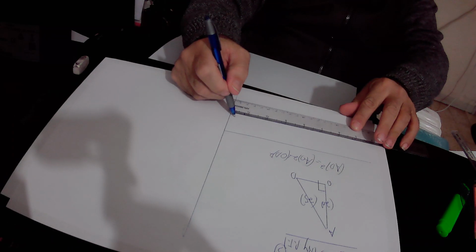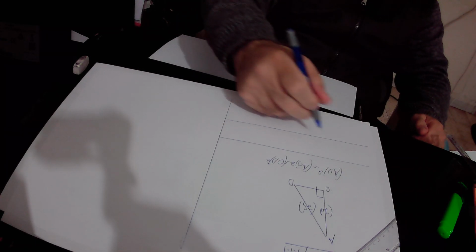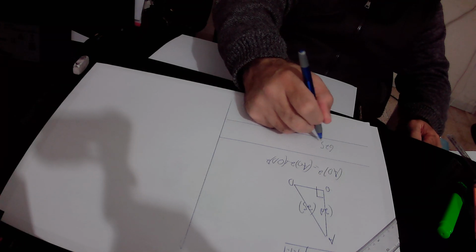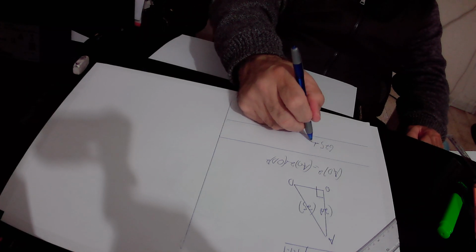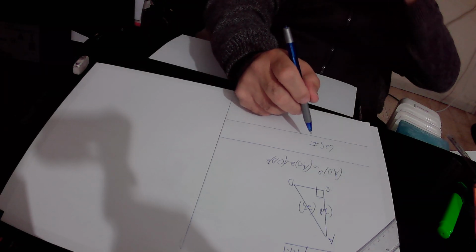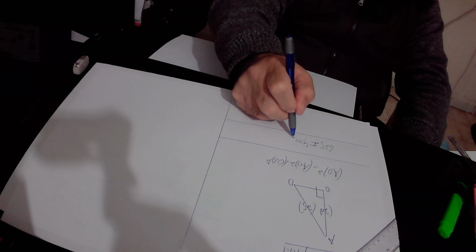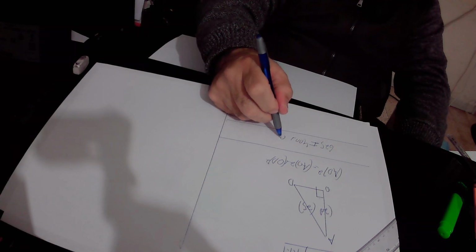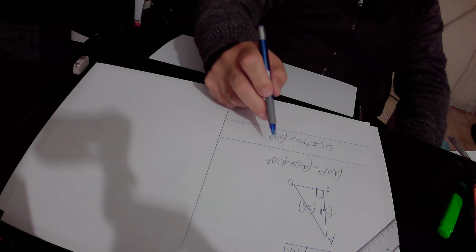AD equals 25, therefore AD squared is 25 squared, that is 625, equals AO squared. AO is 20, therefore AO squared is 20 squared, that is 400, plus OD squared. OD is the missing side, so we leave it as it is.